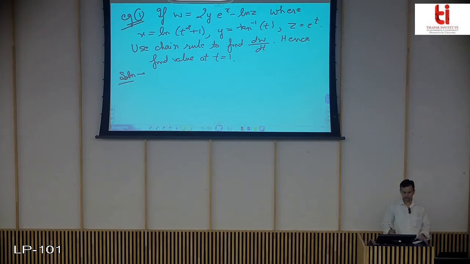So this is the formula of w, and now you have to differentiate w with respect to t, that is you have to find dw by dt using chain rule.